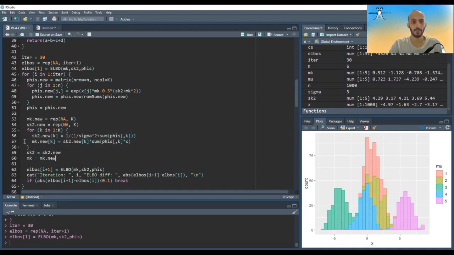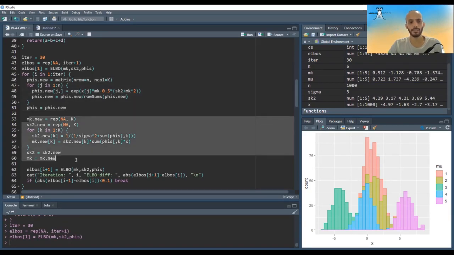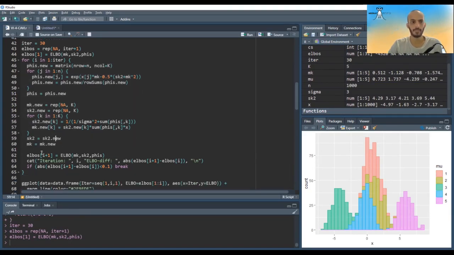Then I do the same for the s_k and m_k: I take the phis to be the previous version of them, and then I use them to calculate the s_k and m_k, and these are the formulas that were colored blue in the notebook. So here is the circular dependency. Here I use the m_k and s_k to calculate the phis, and here I use the phis to calculate the m_k and the s_k. And then I calculate the ELBO. If the ELBO doesn't change, if it's beneath some threshold, I stop. But it will go at maximum until 30 iterations.